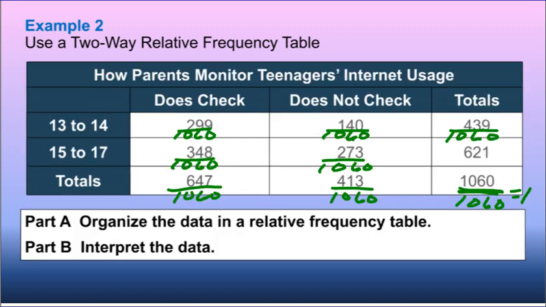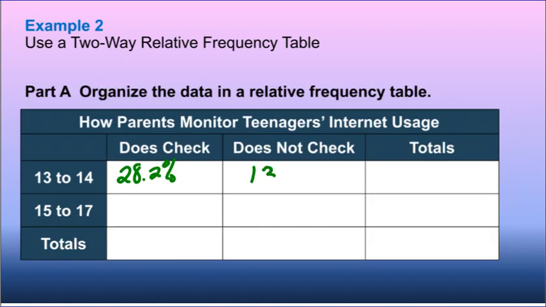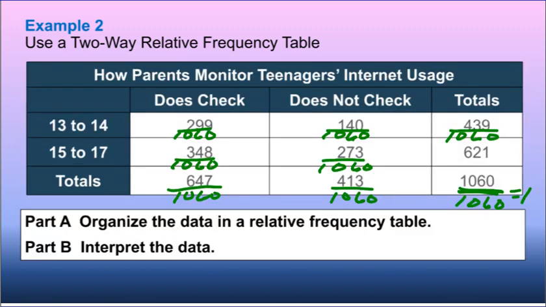Going to the next one, we have 140 divided by 1060, and we multiply that by 100 for the percent, and that gives you 13.2%. Now, if I add these, that should add up to the percentage for the total. Let's look back at our previous slide.